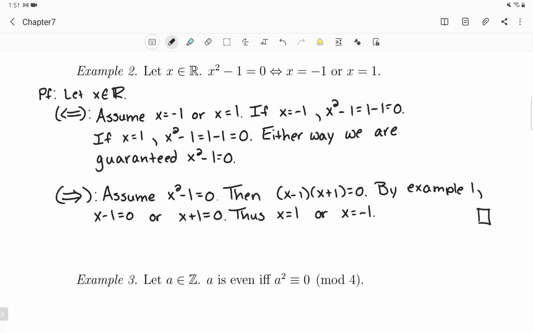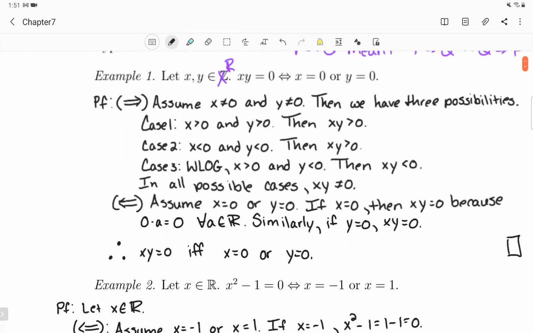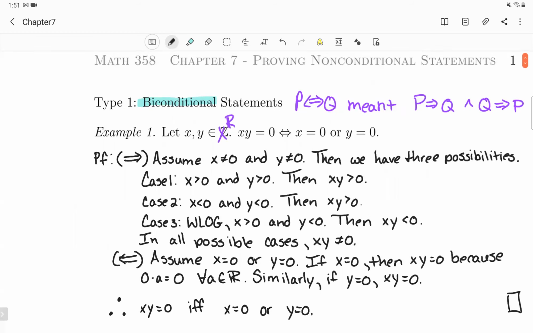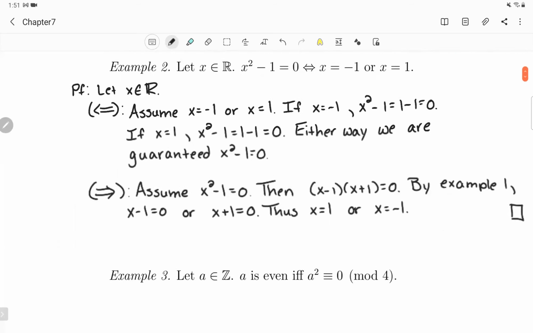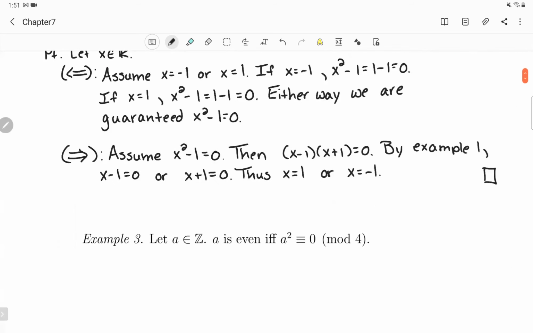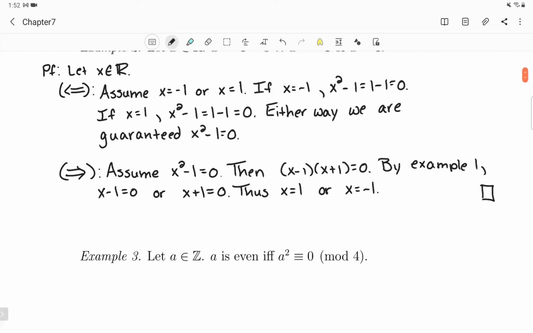By example 1, yeah, so in example 1 we showed that if I have a product that's 0, then one of the pieces was 0. So I was referencing that fact down here because I have a product that's 0, so one of the pieces must be 0. And as your math classes get more and more advanced, that's going to happen more and more often, right?